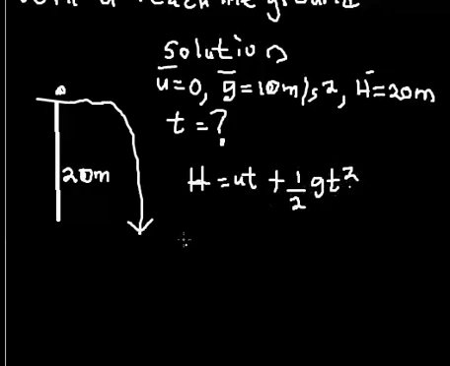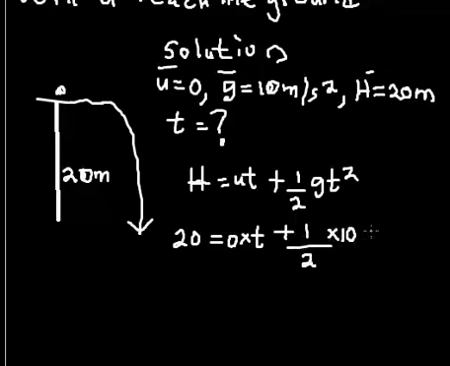So h is 20, I write that down. 20 equal to u, which is 0, times the time, that's what I'm looking for, plus half times 10, which is the g, times t squared. This is 0, it is gone, so I'm left with 20 equal to 10 divided by 2, that's 5, 5t squared.